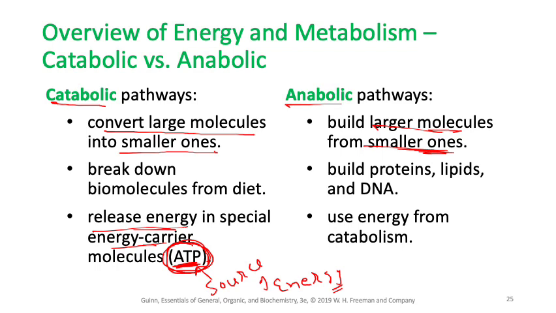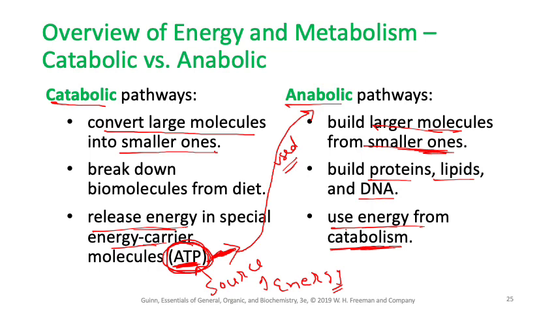So when you make a bigger molecule, you need energy, and this ATP that is stored during the catabolic pathway is now used in the anabolic pathway to make a new, bigger molecule. For example, this ATP can be used in the anabolic pathway to make protein, lipid and DNA, which are bigger molecules, right? And like I already told you, it uses energy from catabolism in the form of ATP.